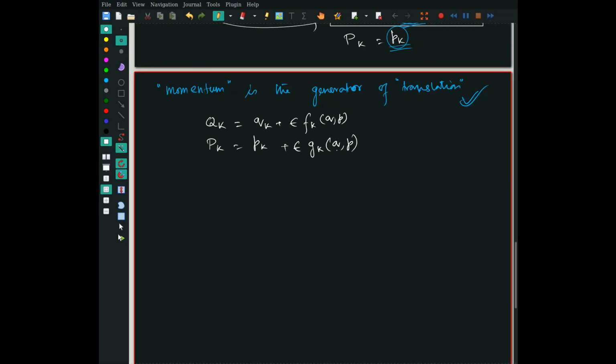The way I am writing it, I am parameterizing the canonical transformation using a parameter epsilon. So I introduce parameter epsilon.